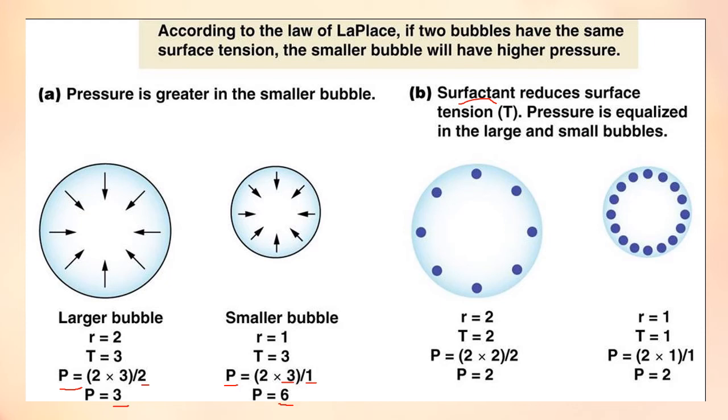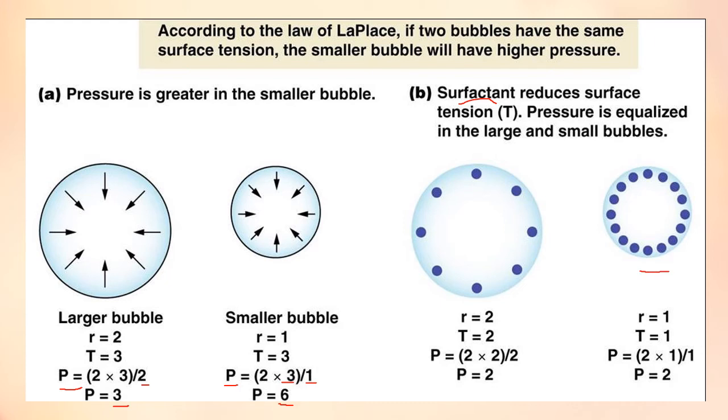What you want is to target the small volume bubbles, because small bubbles tend to have higher pressure compared to the large bubbles. So you want to reduce that surface tension, and that pressure that builds up in a smaller bubble.